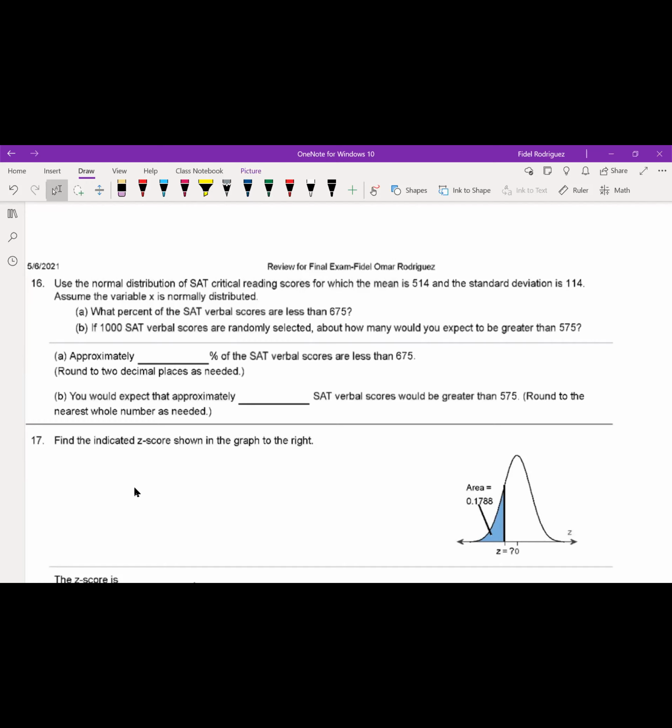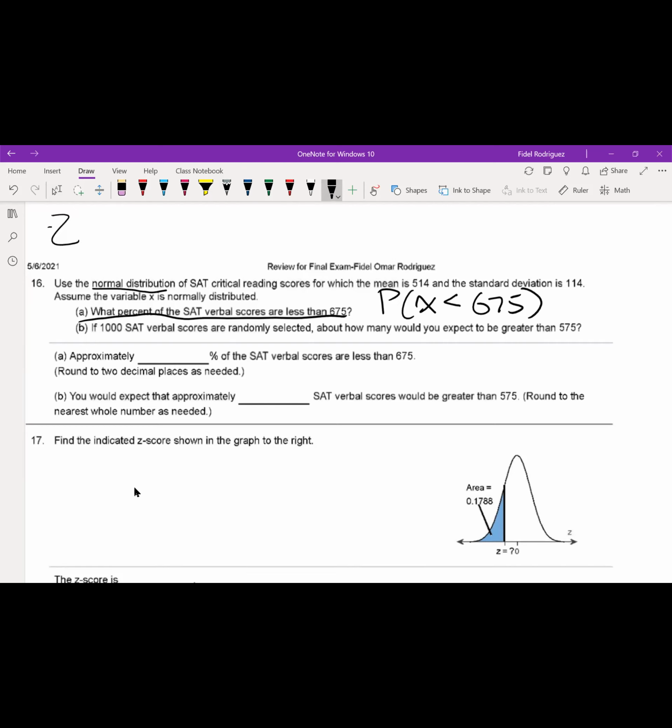Okay, so guys, what we're trying to do here in doing this problem, pen working again, okay. Part A says, what's the probability that X is smaller than 675? Because it's asking me to use a normal distribution, we're going to convert our X value to a Z-score.